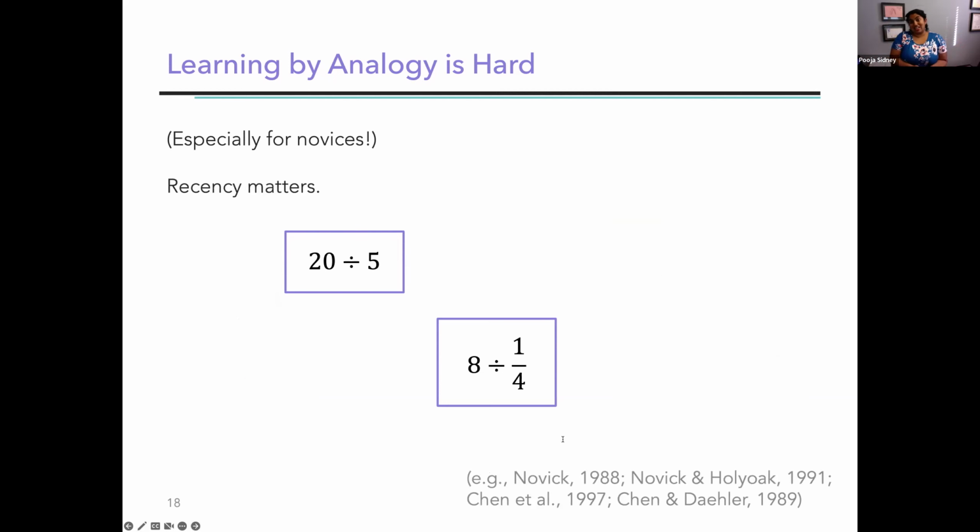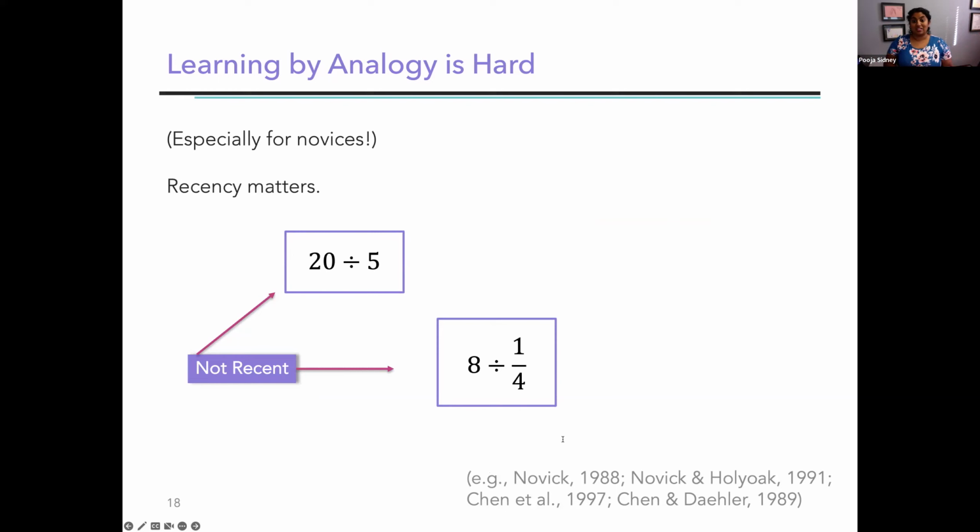Also, recency likely matters. So children may be more likely to transfer strategies that were very recently learned. And this can be problematic in mathematics because sometimes the topics that are most conceptually relevant are not very recent. By the time children start learning about fraction division in 5th or 6th grade, they had learned about simple whole number division several years earlier.